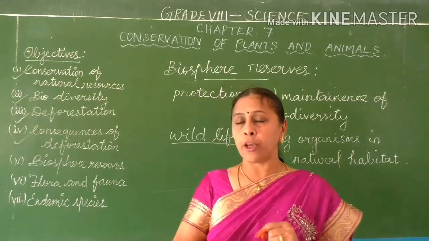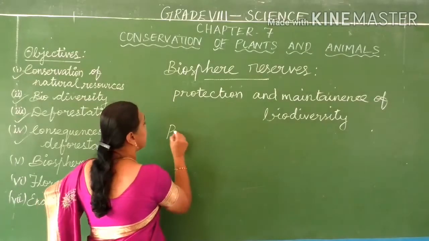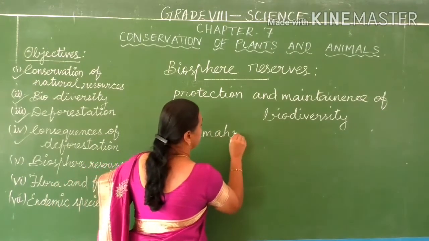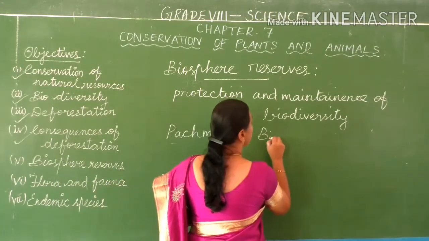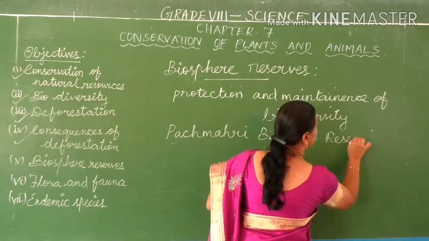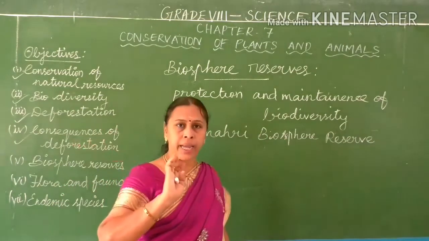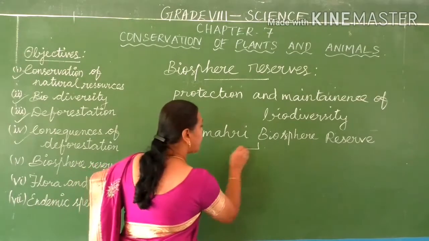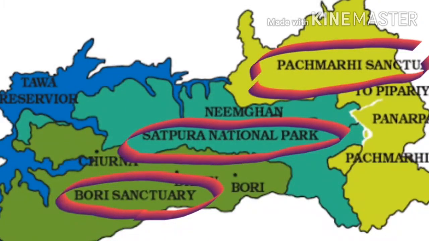One such biosphere reserve in India is the Pachmarhi Biosphere Reserve, spelled P-A-C-H-M-A-R-H-I. As this biosphere reserve occupies a large area, it consists of one national park and two sanctuaries.